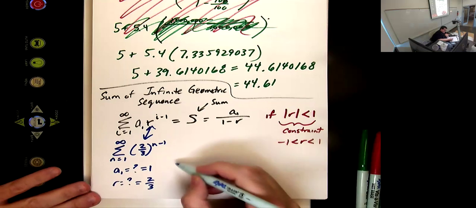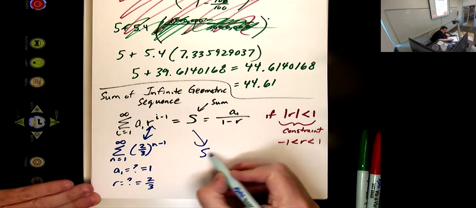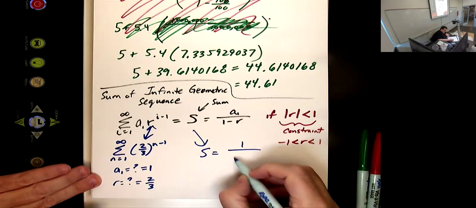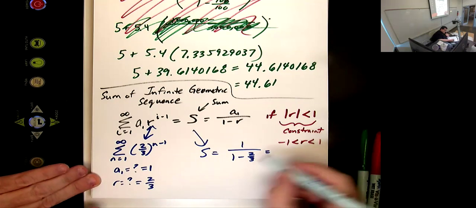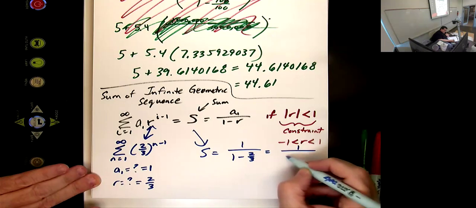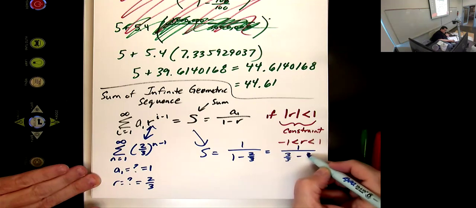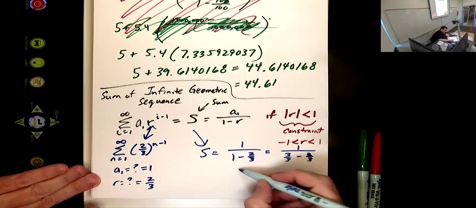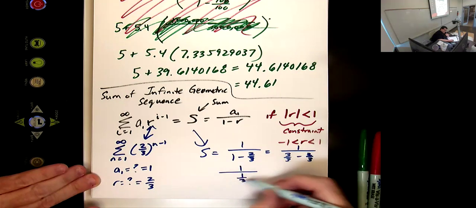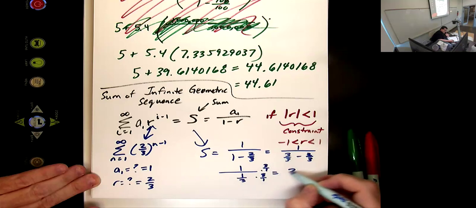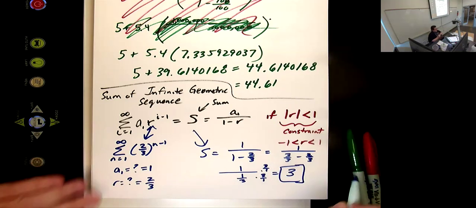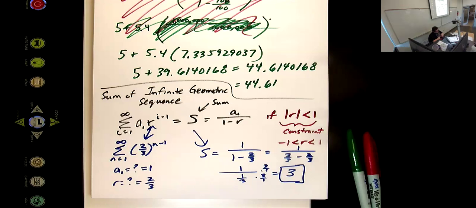Alright, so S equals a sub 1, which is 1 over 1 minus 2/3. 1 over 3/3 minus 2/3. So 1 over 1/3, which is 3.